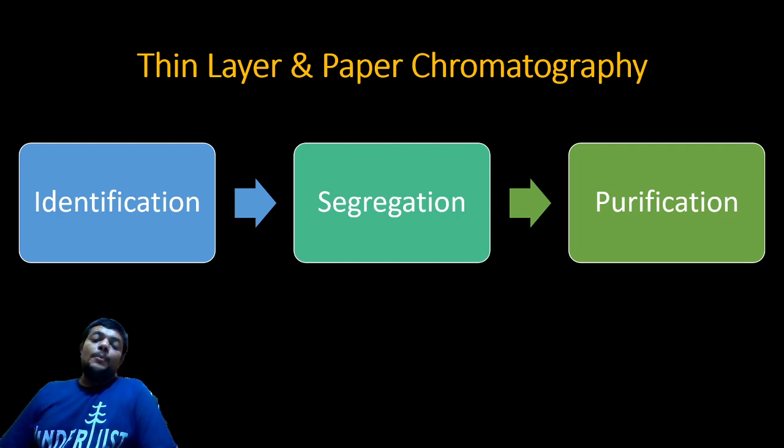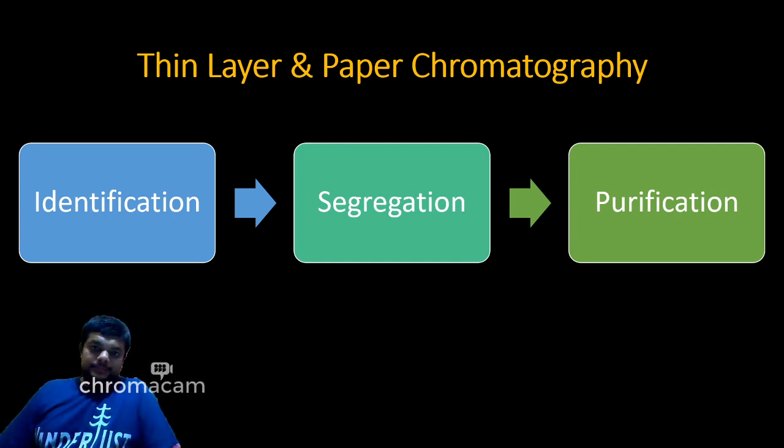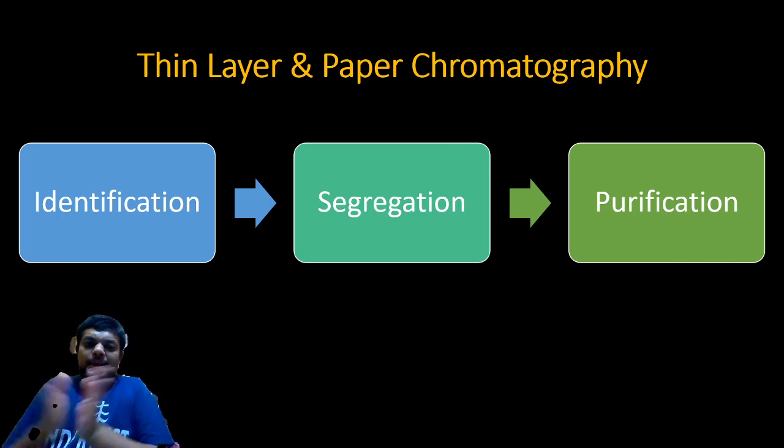The main objectives of thin layer and paper chromatography lie in identification of compounds, purification of compounds, and segregation of compounds. You would be aware of this word segregation, but let us make it a little clear. Aggregate and segregate. Segregate means to separate, alag karna.